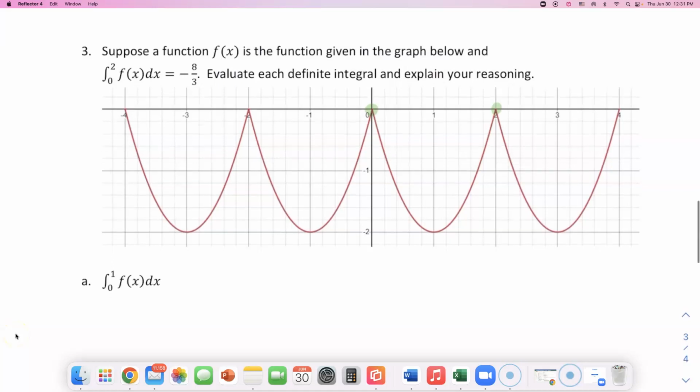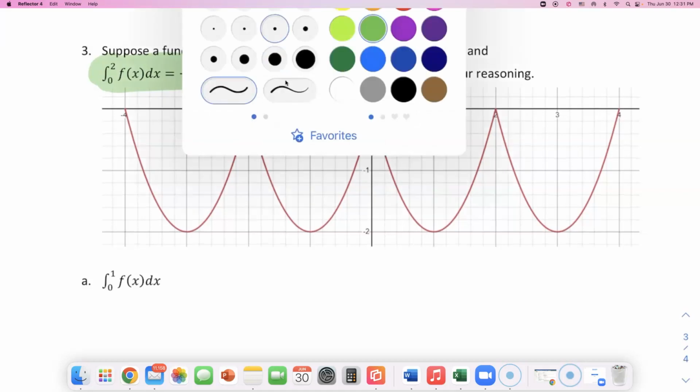This one is for number 3 on application quiz number 4. Suppose a function f of x is given in the graph below, and I'm telling you that the definite integral from 0 to 2 of this function is equal to negative 8 over 3. I think your problem has positive. But what does that mean in the picture?